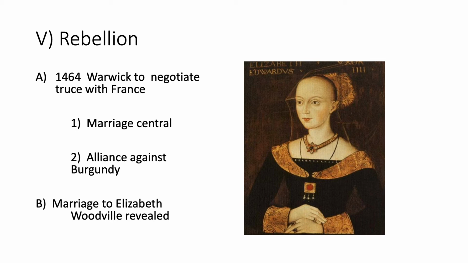This secret marriage is astonishing for a number of reasons. One, because Edward is such a prominent figure, to marry secretly is very unusual. Second, Elizabeth Woodville is older than Edward. She's about 10 years older than he is. And third, Elizabeth Woodville is a Lancastrian.